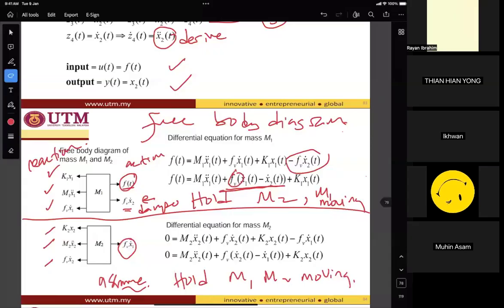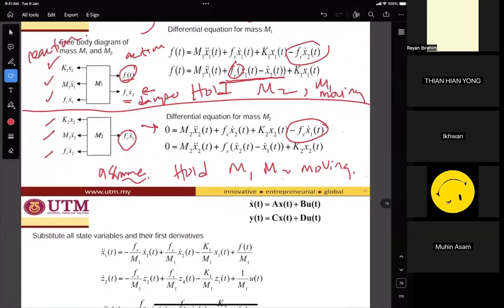From there, we construct the second differential equation for mass M2. Originally, this one is from the left. When we move to the right, it will become negative.